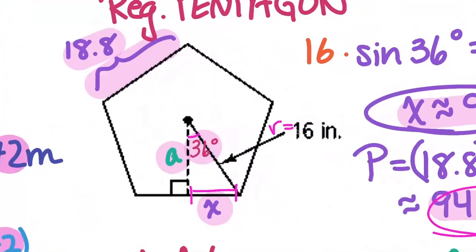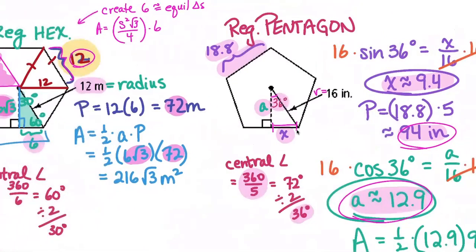If you wanted to do the area of one of these triangles and multiply by 10, that would work. Or find the area of one of those triangles and multiply by 5, that would work. If you wanted to do 1/2 the base times the height and then multiply by 5, that would work perfectly fine. But it is not s squared root 3 over 4 because they're not equilateral triangles.